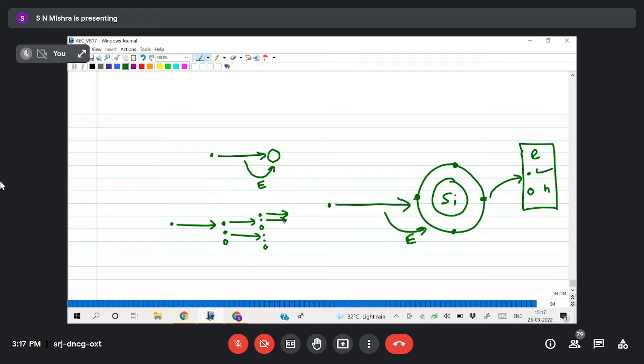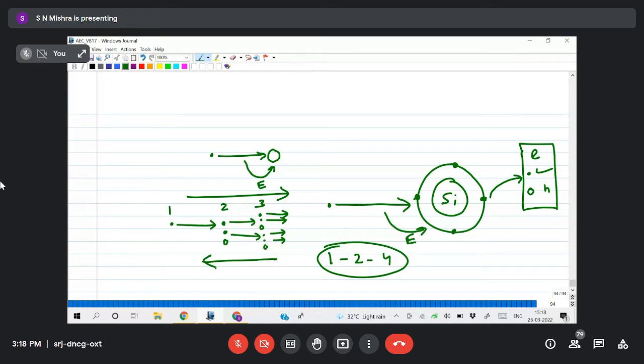Like that it is moving. So from point 1 to point 2 to point 3, how many electrons are generated? I am sending one electron. During this travel, it has generated 1 to 2 to 4 electrons. Yes or no? Electrons will move in this direction and holes will move in the opposite direction. This is the movement of electron, this is the movement of hole.